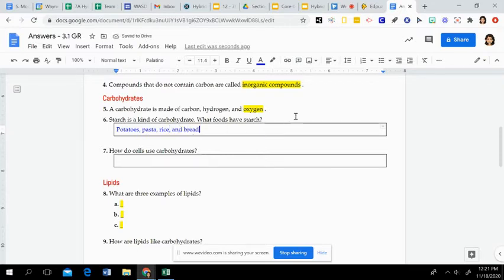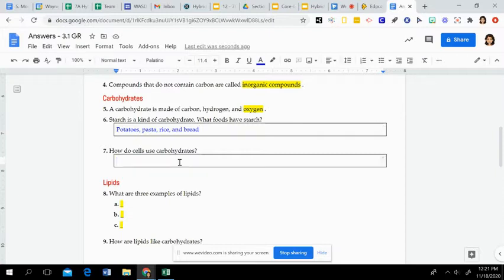If you've ever heard of the saying carb loading, this is what that means. You eat a lot of that pasta or bread, potatoes, and you get a lot of that starchy food because carbohydrates give you a lot of fast energy. Then our next question is, how do cells use carbohydrates?